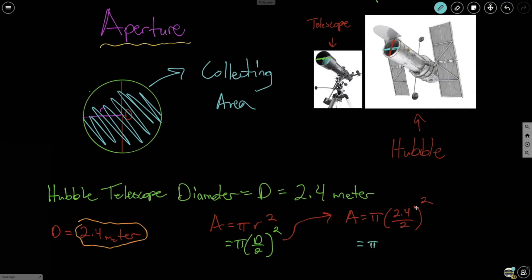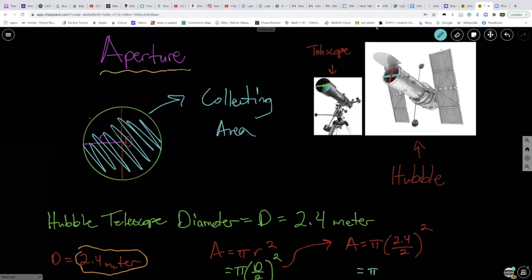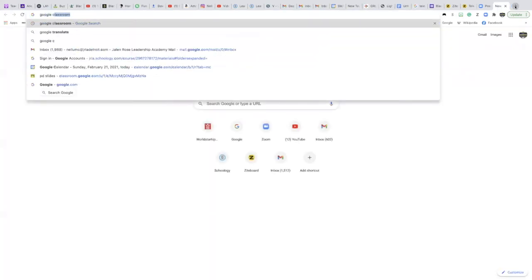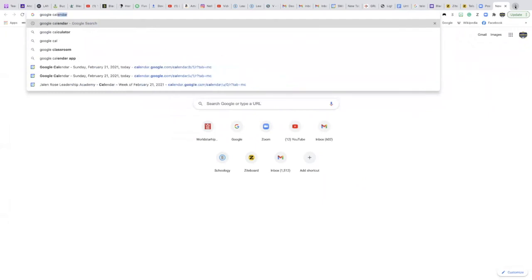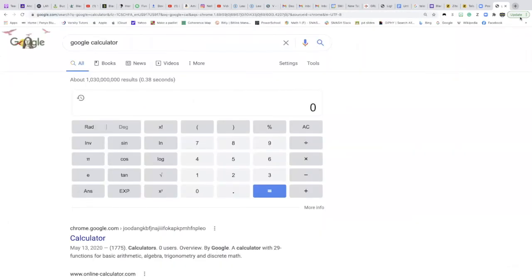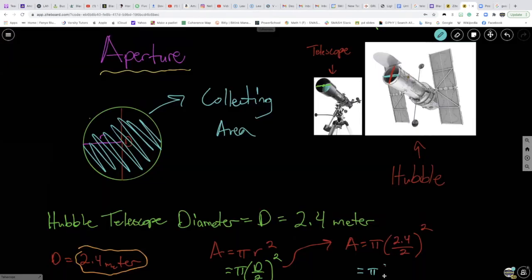You're just going to take out your calculator and do that math. I always like to go to Google calculator, keep it really simple. So we have 2.4 divided by 2, which gives us 1.2.